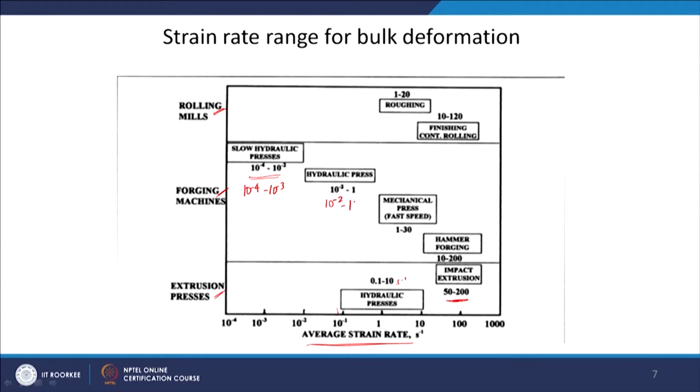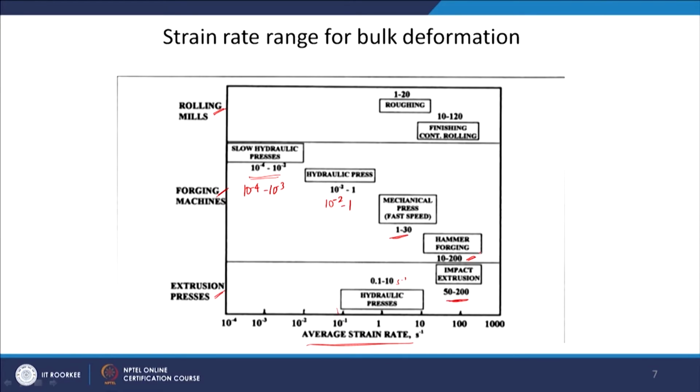Then there are mechanical presses, which I think use some cam or gear arrangement. So, these are not hydraulic. In mechanical presses you can achieve higher speeds, and the strain rate is in the range of 1 to 30. Then there is hammer forging. Under the gravity force, a hammer is dropped on the material, with the strain rate in the range of 10 to 200 per second.